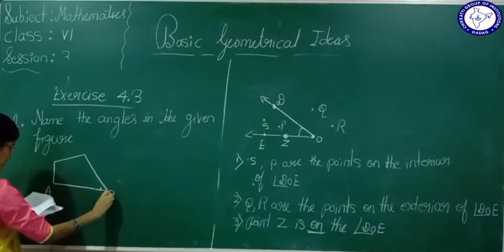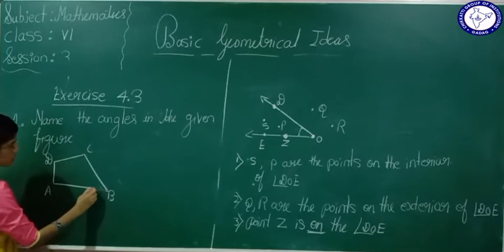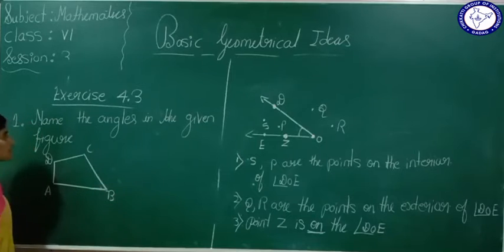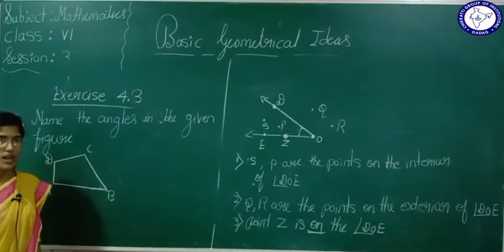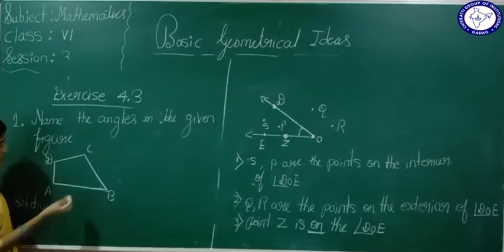A, B, C, D. Now see here students, here they told us to name the angles in the given figure. We have to write the angles. Now see here, solution. How many angles are there here?